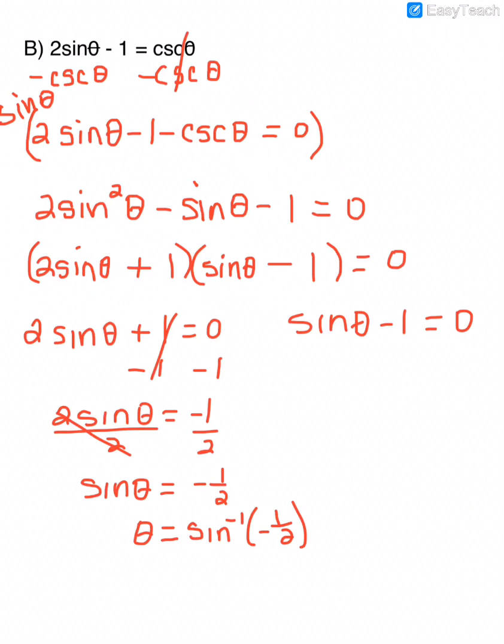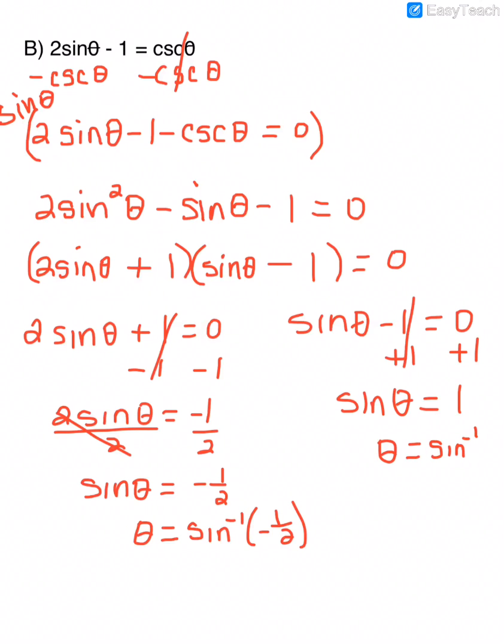And then for the other factor, I'm going to add 1. I get sine of theta is equal to 1. Take the sine inverse, so theta is equal to sine inverse of 1.